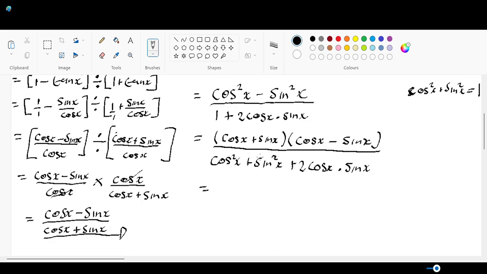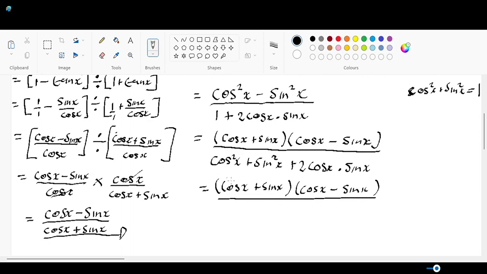So we continue. There's nothing that we can do at the moment on the numerator, so we rewrite it as it is: cos x plus sine x, and then we continue there, cos x minus sine x, and then we divide.